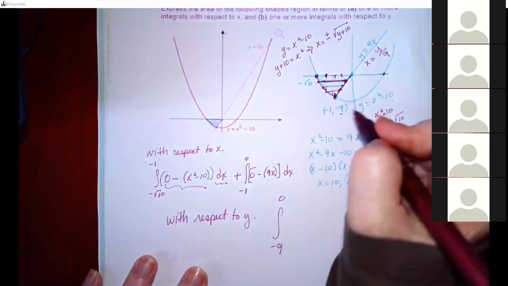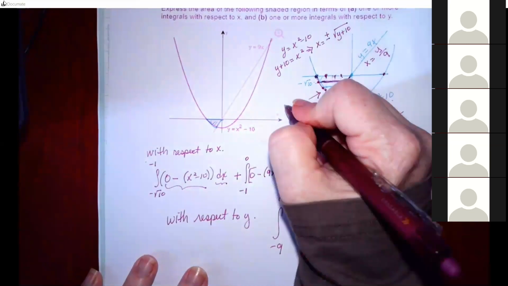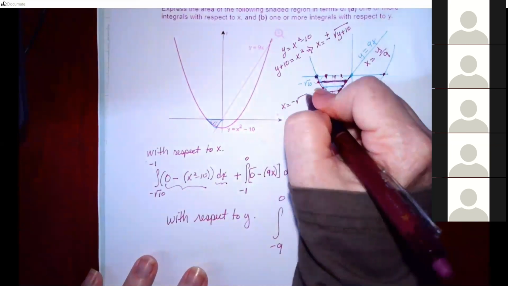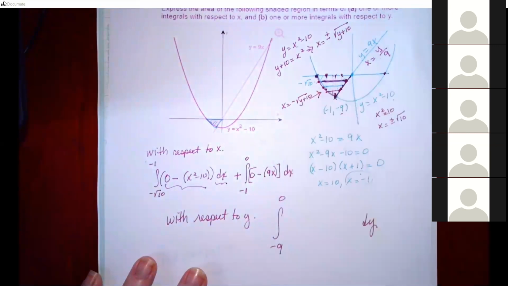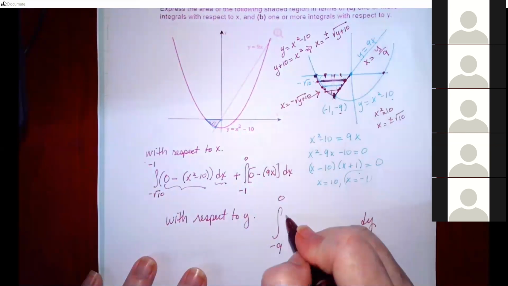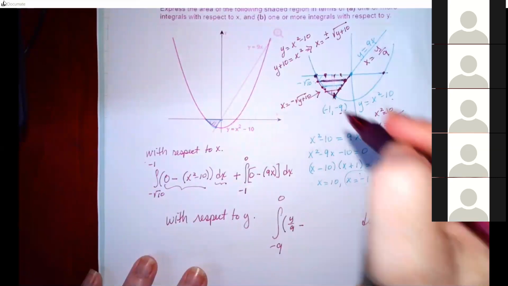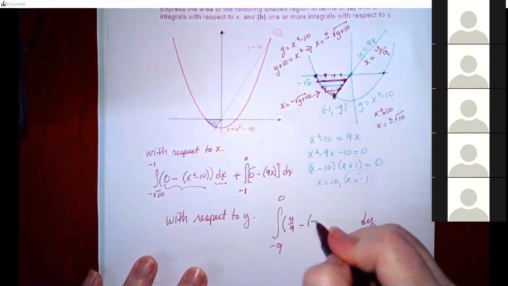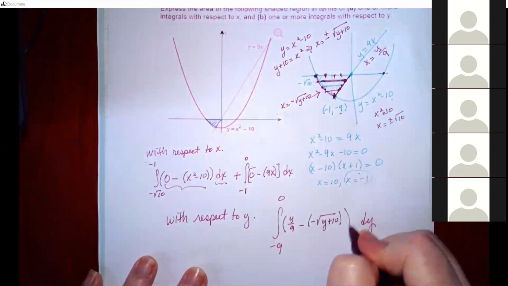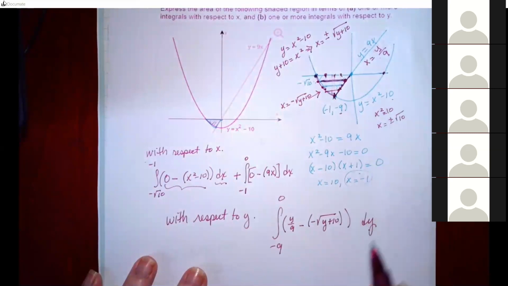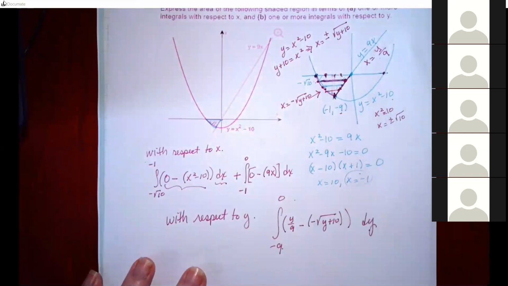Since we're looking at a region to the left, this part would be x equals negative the square root of y plus 10. So we will have the right graph, y over 9, minus the left graph, negative the square root of y plus 10. The thickness is dy, and we would be integrating from -9 to 0.